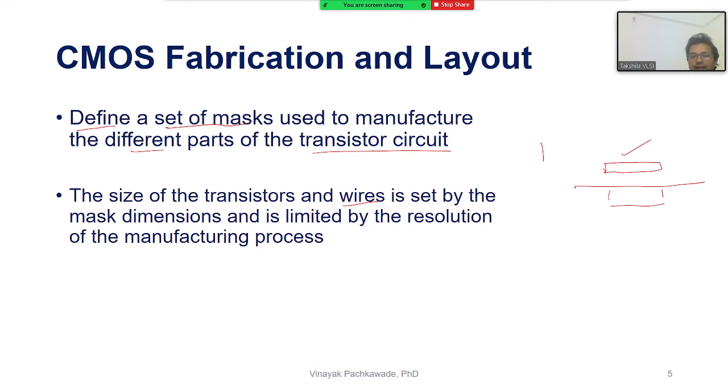Okay, and that size is also called the resolution of the manufacturing process. If you remember, I have explained that this is also called feature size. Often there will be advertisements requiring experience with feature sizes of 10 nanometer, 28 nanometers, and so on.